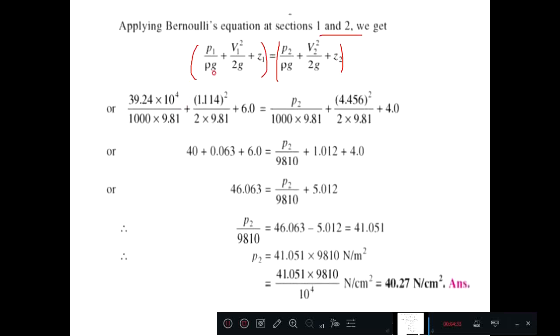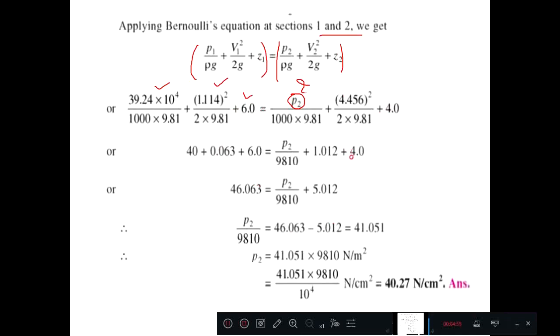Then substituting all the data: P1 is given, V1 we have calculated, Z1 is given in the problem, and rho is the density of water, g is the acceleration due to gravity. On the RHS, P2 is unknown. Then V2 is calculated, substitute here, and Z2 is already given in the problem.